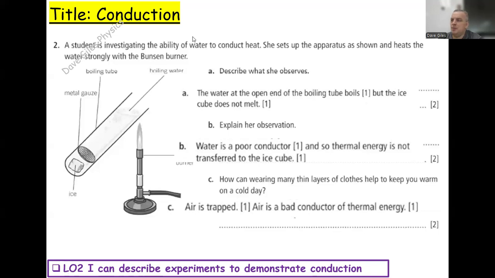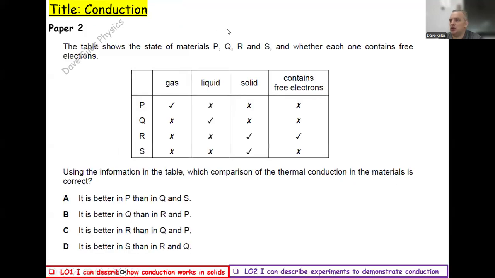Okay, and a paper 2 exam question. The table shows materials and whether each one contains free electrons. Use the information in the table to decide which comparison of the thermal conduction in the materials is correct. So the best conductor is going to be the one which is a solid.